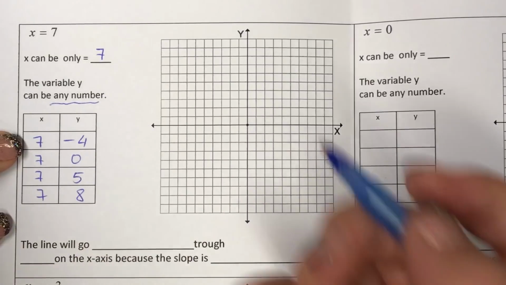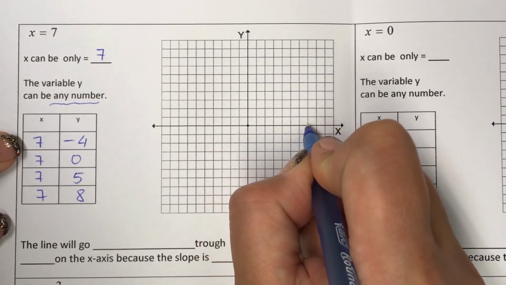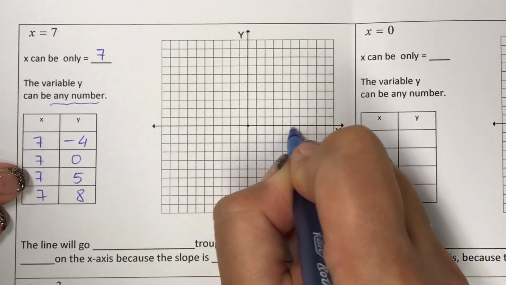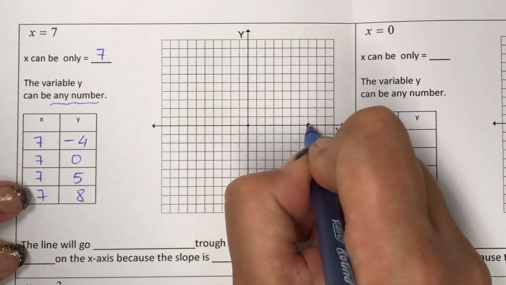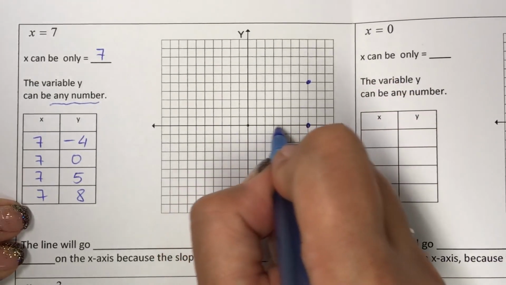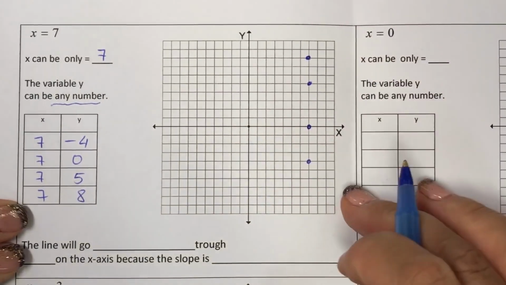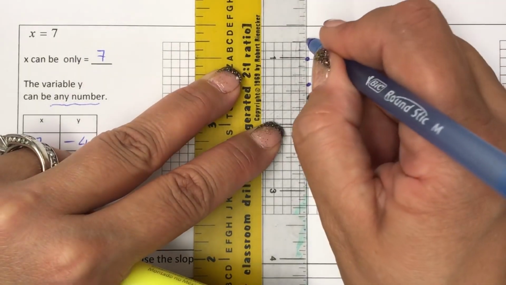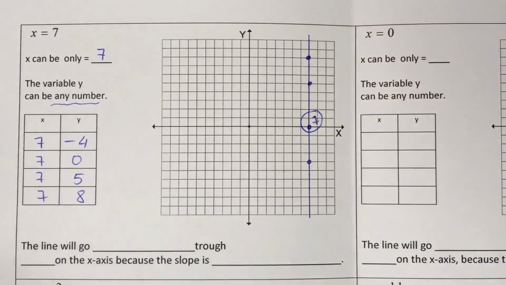7, -4 means 1, 2, 3, 4, 5, 6, 7 for x, and then down for -4. Then I have 7 for x and stay on 0. Then I have 7 for x and 5 for y, positive. Then I have 7 again for x and 8 for y, positive. All these points line up vertically going through 7 on the x-axis.